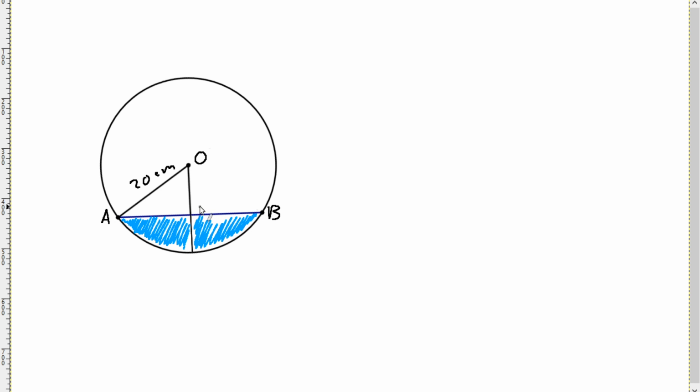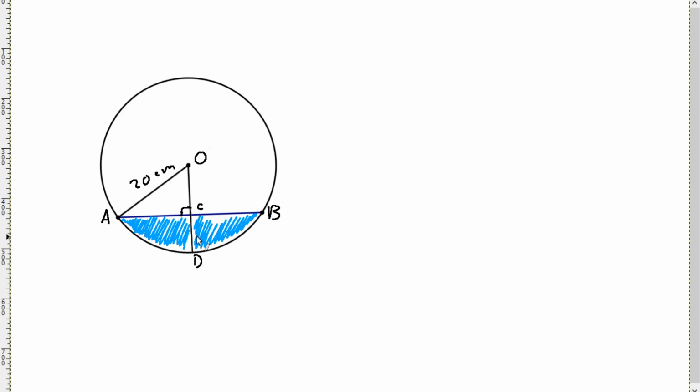So we have C, where our chord is being connected, and we have D down here. Okay, and the depth then is CD, and we know that our radius would be O to D, right? So our radius is OD, which is also 20 centimeters.